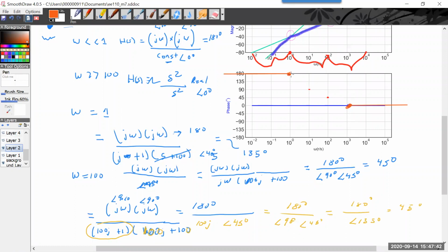Then at the first pole we were at 135. At the second pole, we were at 45. Let me just draw a straight line through that.